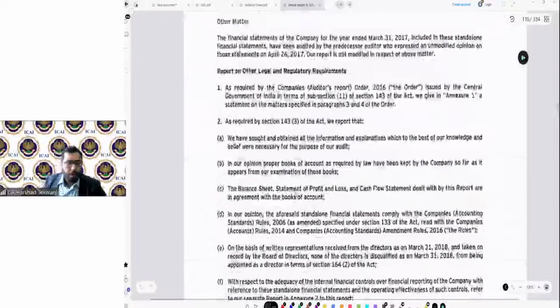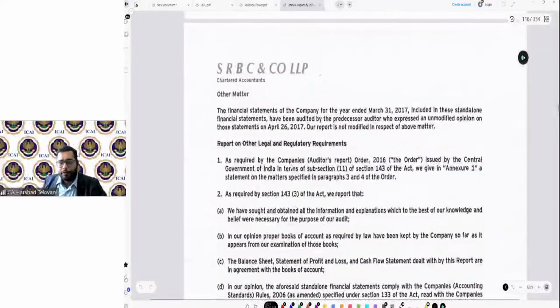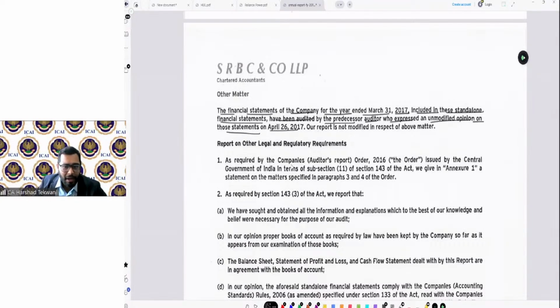So if you see this particular other matter paragraph, the financial statements of the company for the year ended March 31st, 2017 included in the standalone financial statements have been audited by the predecessor auditor who expressed an unmodified opinion on those statements on this particular date. Our report is not modified in respect of the above matter.